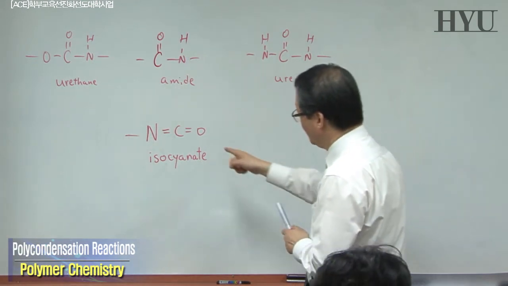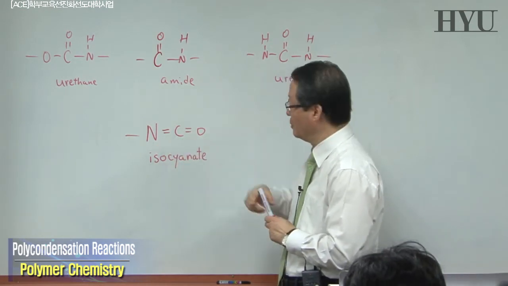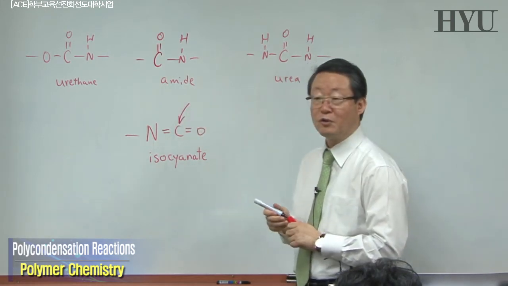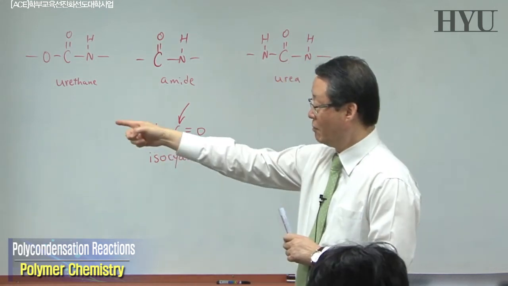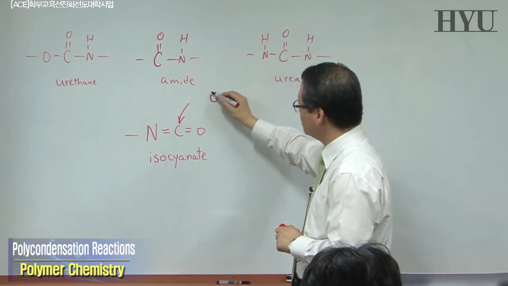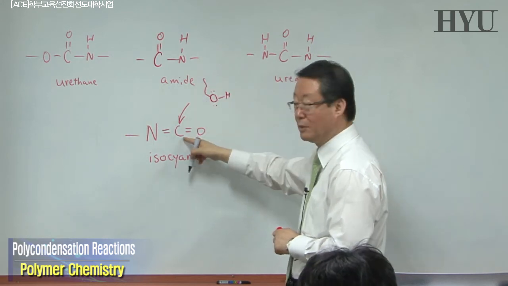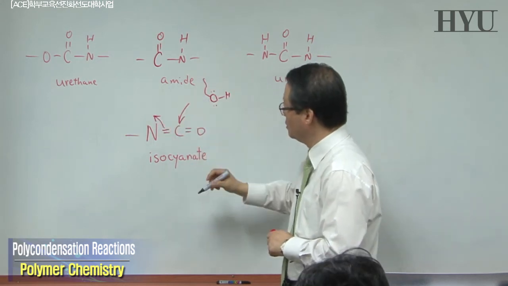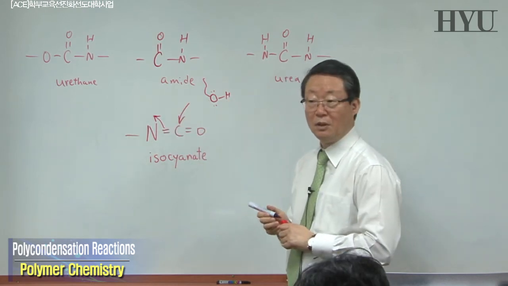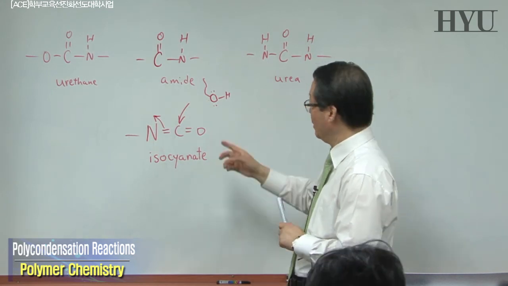You have a carbonyl, and a double bond between the nitrogen and carbon, so this point is an attacking point for nucleophiles. When you have an alcohol group, the alcohol will attack this carbonyl and open this bond, and the hydrogen will be attached to the nitrogen without forming any byproduct.